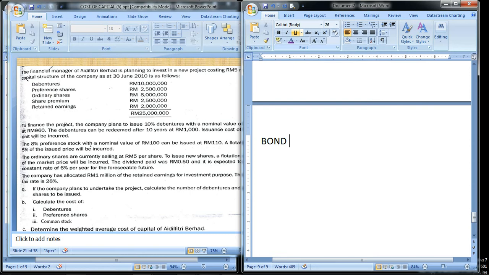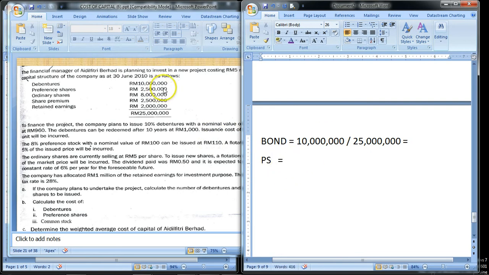Using the same calculation, the weight equals 10 million divided by the total 25 million. If the question does not give you any weight, times 100, then you get the percentage. Same goes for preferred shares.